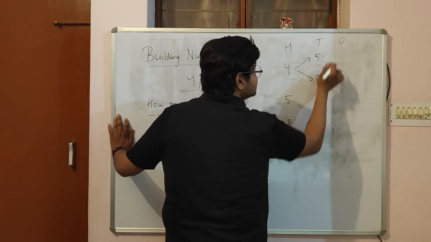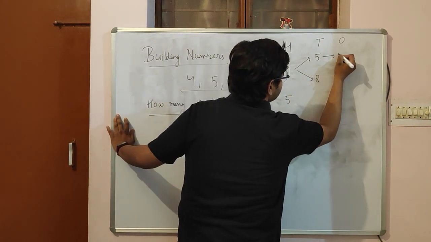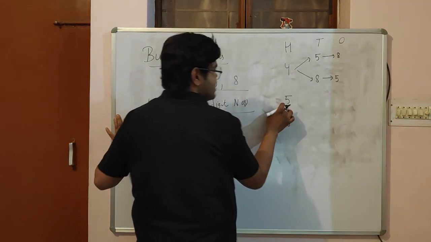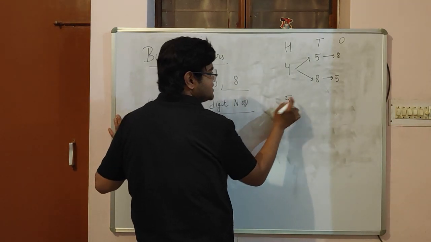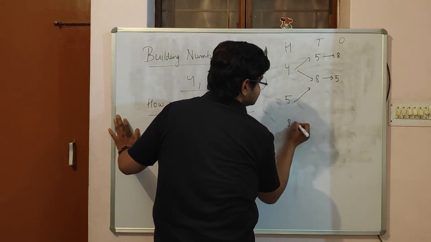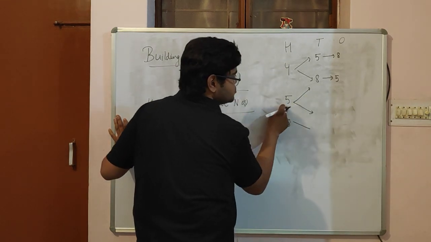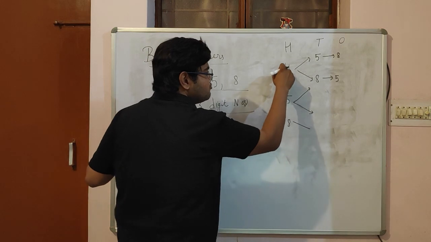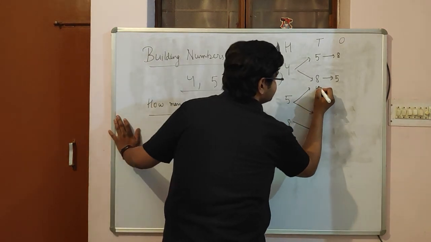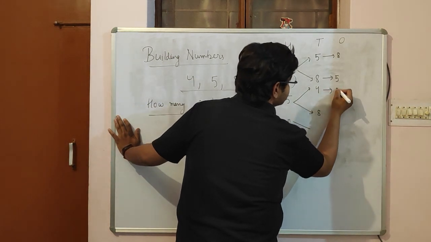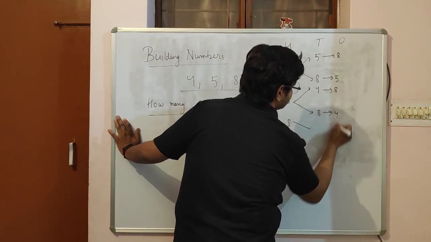And we can even interchange these, so it can be 8, 5. Here we have 5 at the hundreds place. What can we put here at tens place? After using 5, what are we left with? 4 and 8. And we can exchange these digits to 8, 4.